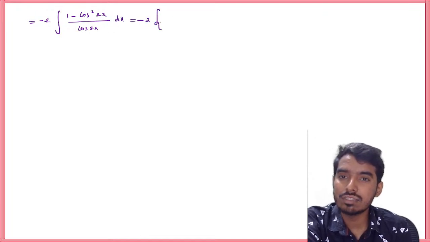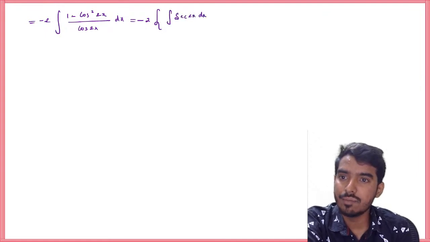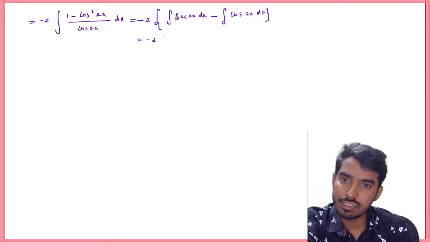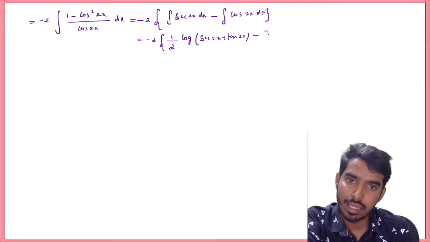So 1 by cos 2x is integration of sec 2x dx, and one cos will get cancelled. We will have integration of cos 2x dx. So minus 2 times, integration of this is 1 by 2 log of sec 2x plus tan 2x, and this is minus sin 2x by 2, right?